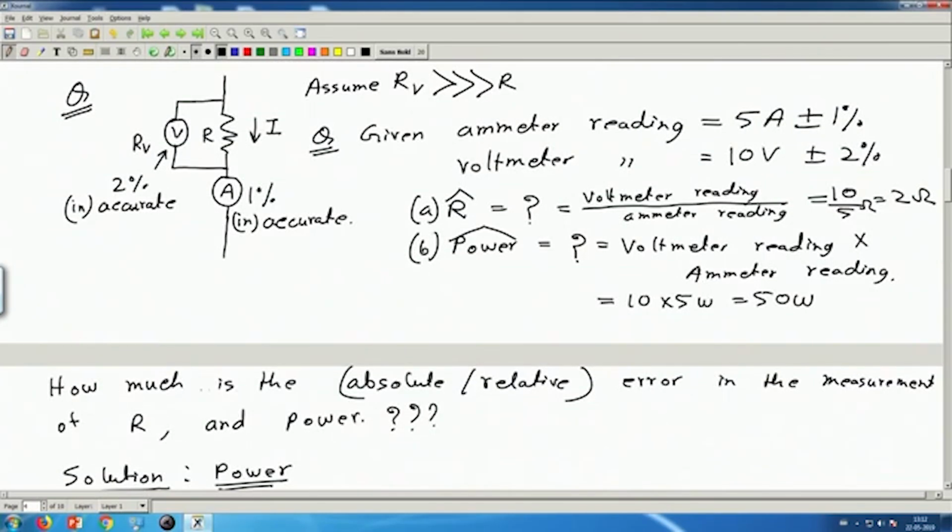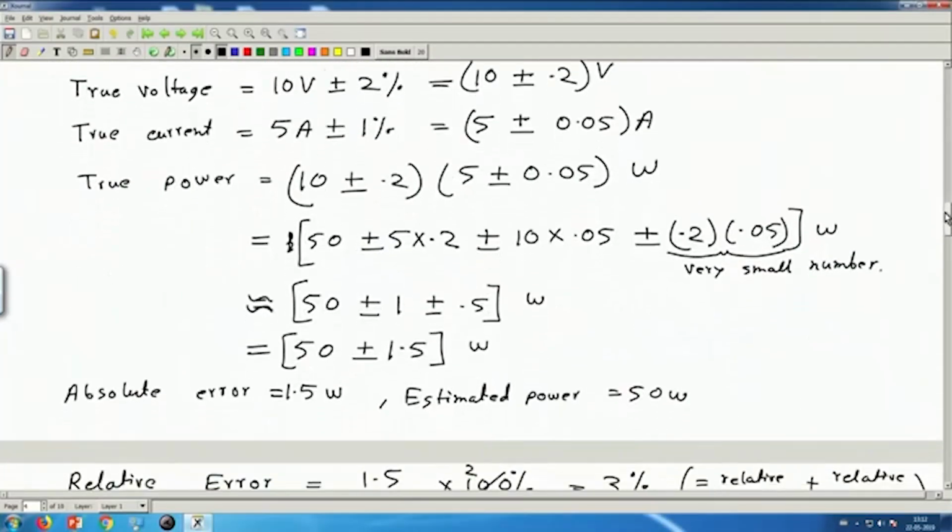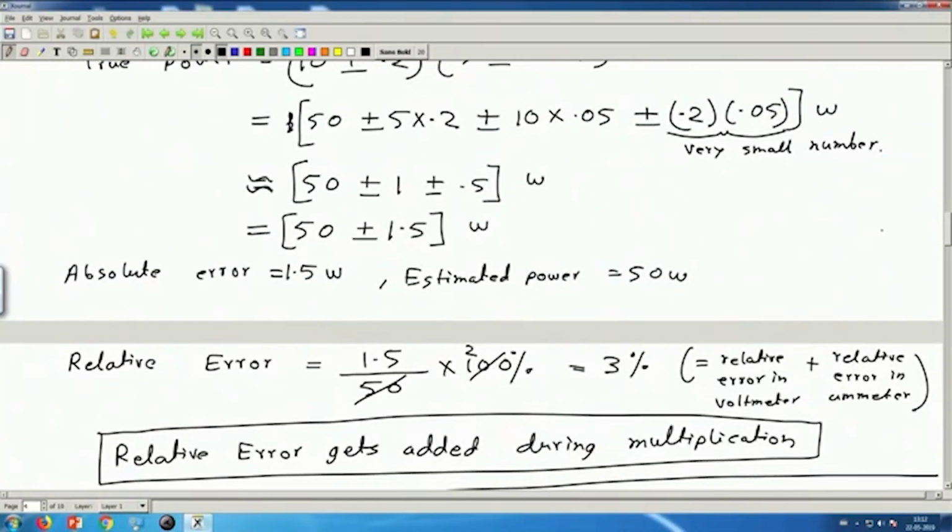So what is the error in estimated R or power? Power we have already computed. The estimated relative error in power was 3%.